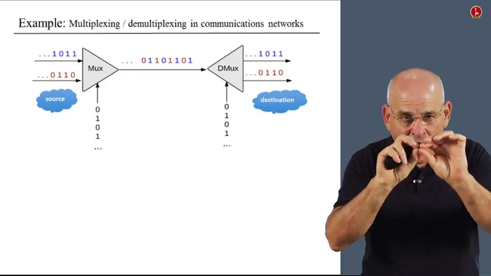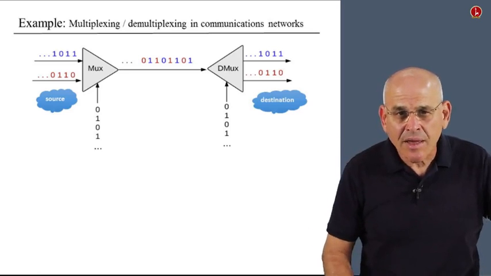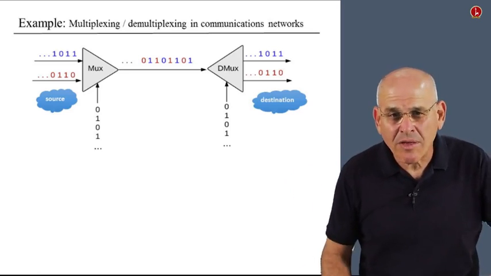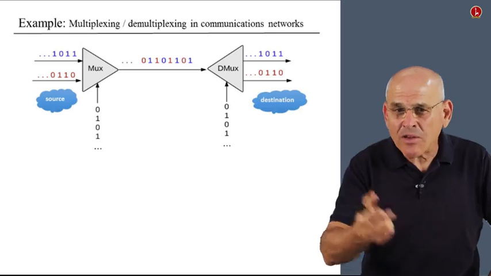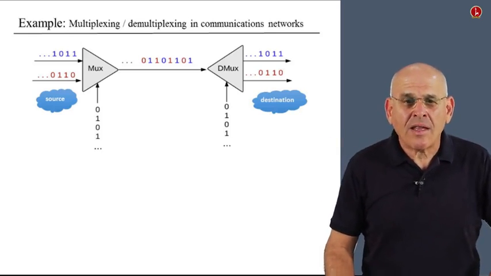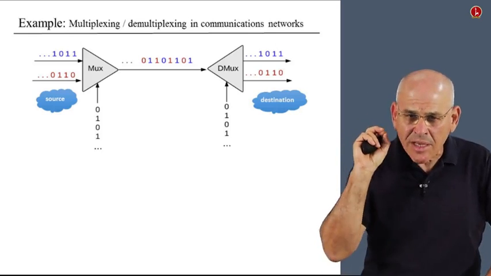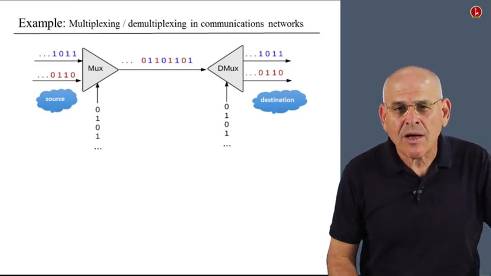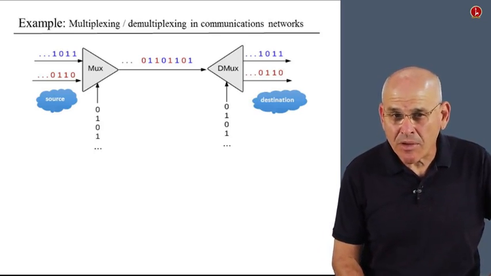The single line that goes here in the middle of the slide can be 5,000 kilometers long, and it may be an underwater line or a satellite line. And through this single line, I want to send multiple messages. How can I possibly do it?